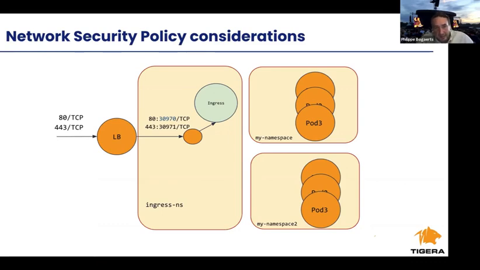But the core concept here where Calico fits in is that Ingress is basically a layer 7 hop, and we need, of course, the security not to be forgotten. So once we're talking about Ingress, we need to take care of our security policies.